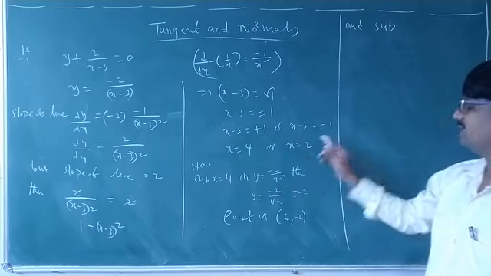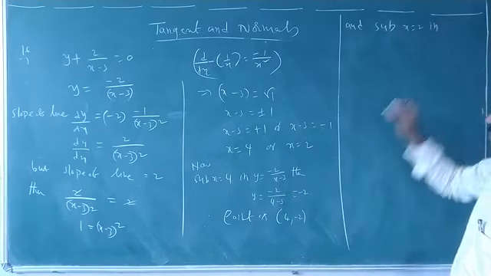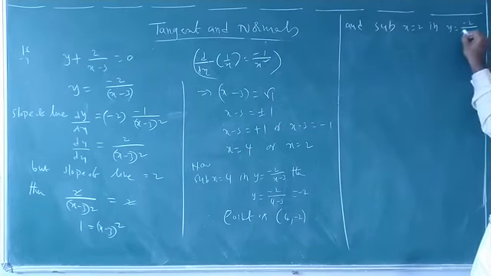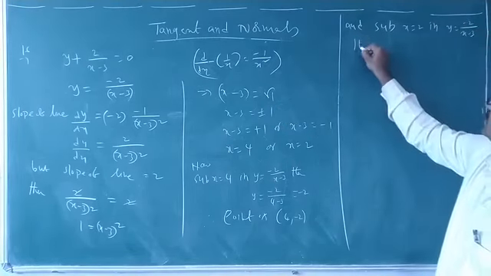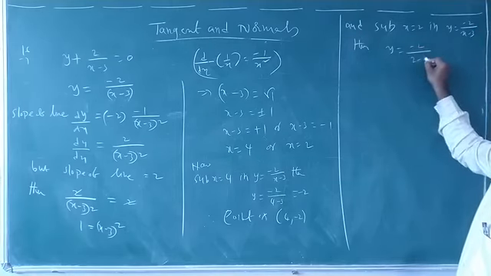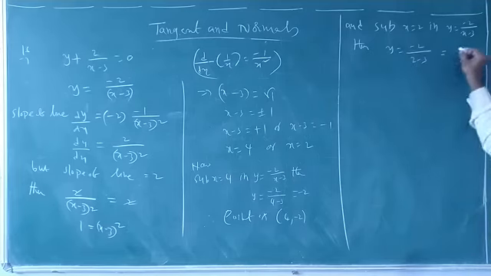Next, substitute x is equal to 2 in the same equation, y is equal to minus 2 by (x minus 3). Then y is equal to minus 2 by (2 minus 3). Minus 2 by (2 minus 3) means minus 1, minus minus cancel, so 2.